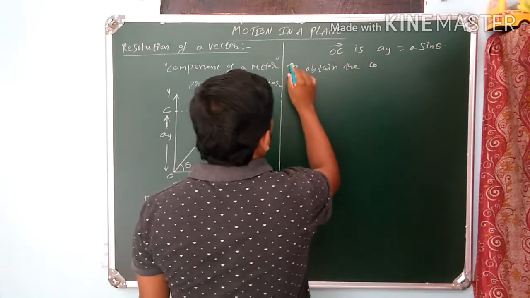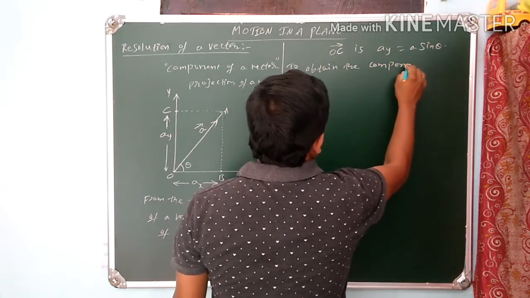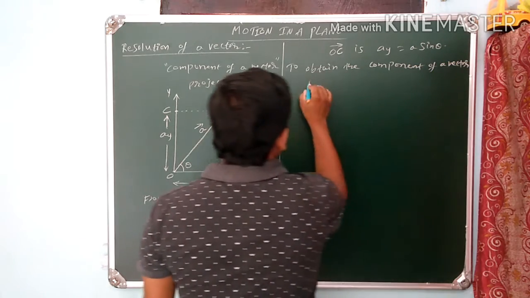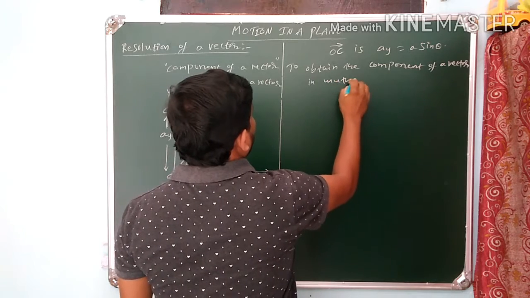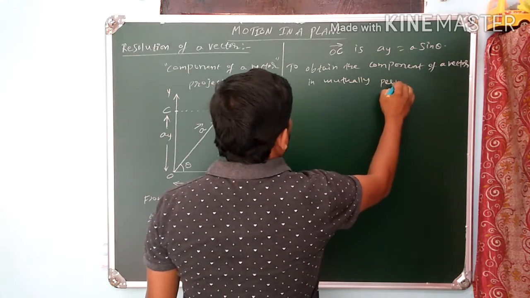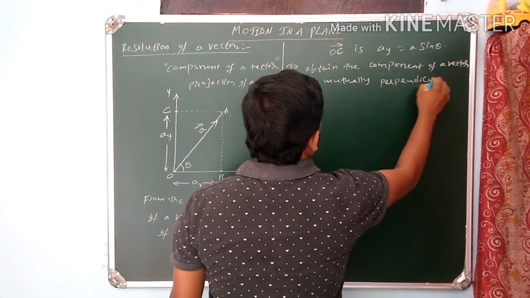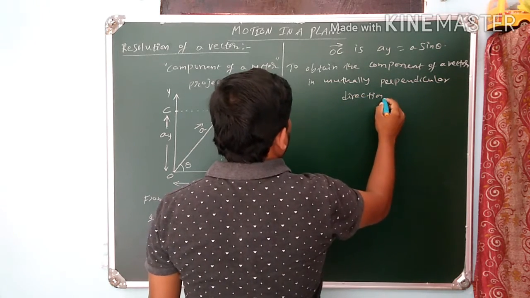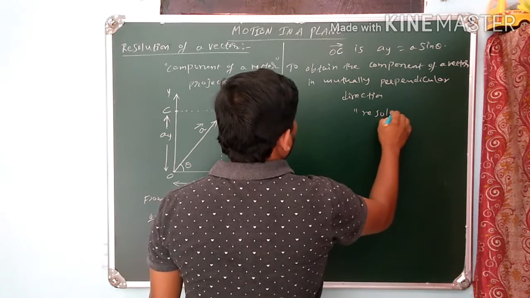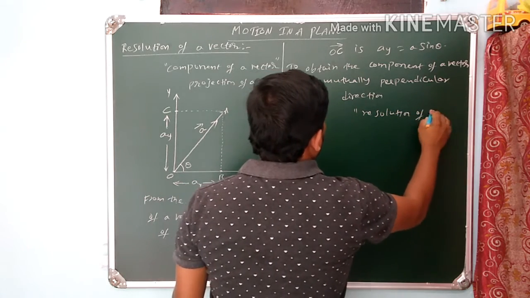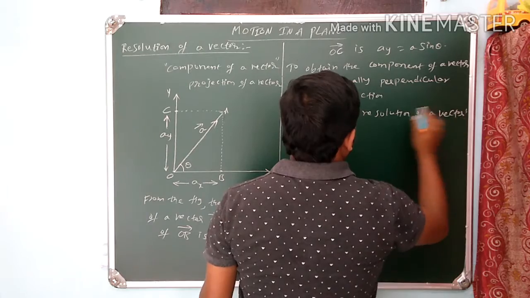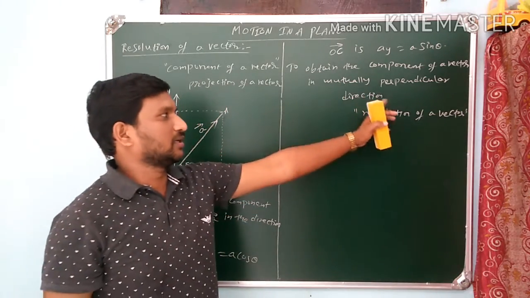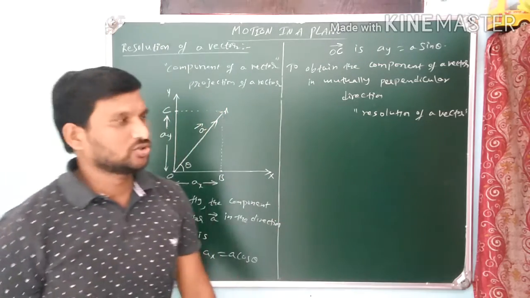To obtain the components of a vector in mutually perpendicular directions is called resolution of a vector. Obtaining the components of a vector in mutually perpendicular directions is called resolution of a vector.